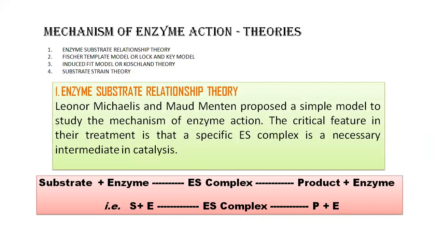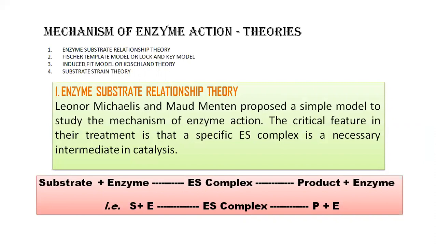As mentioned earlier, you should remember one equation: E plus S forms ES complex, and the ES complex turns into product and enzyme. That is, E plus S gives ES complex, which forms P plus E. The enzyme substrate relationship theory was put forth by Leonor Michaelis and Maud Menten.